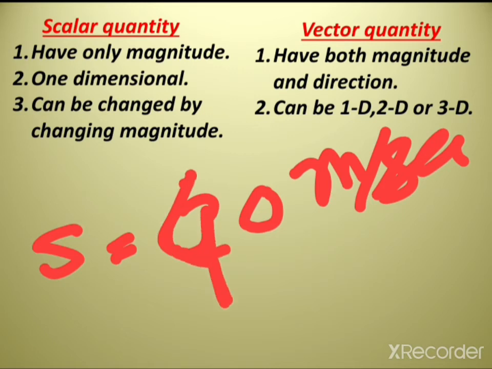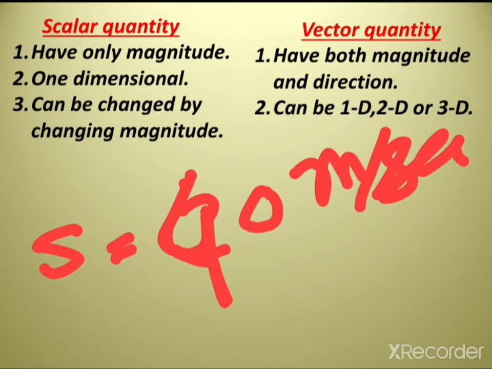Suppose this is 40. If you sense the magnitude of this moving body, then the speed of the body will be sensed. So to sense the speed of a moving body, you have to just sense its magnitude.